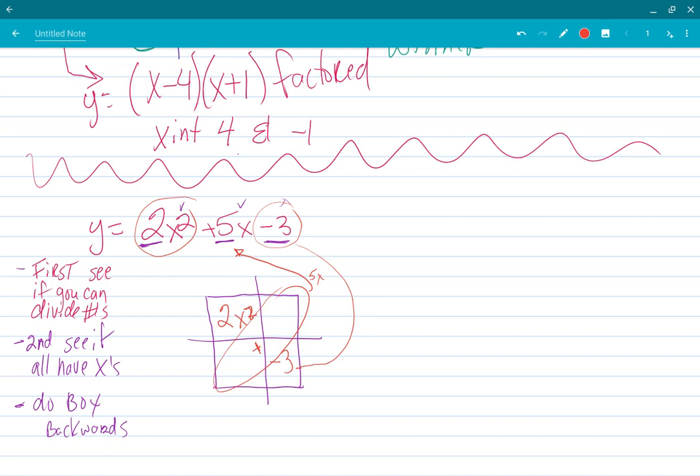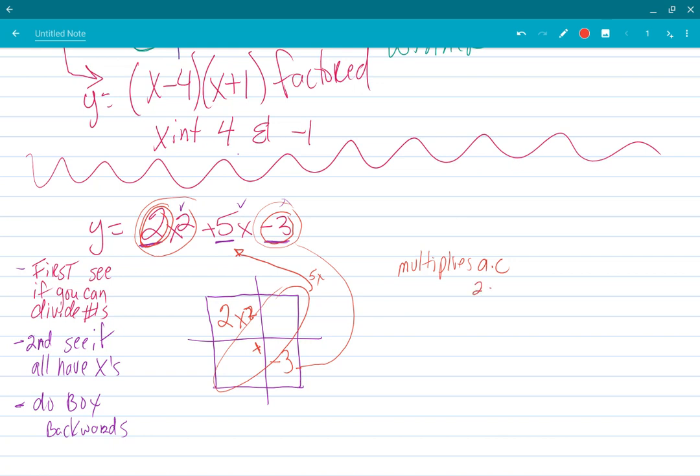So how are we going to figure this out? All right, here we go. This is how you do it. You need a number that multiplies to A times C. A is 2 and C is -3.